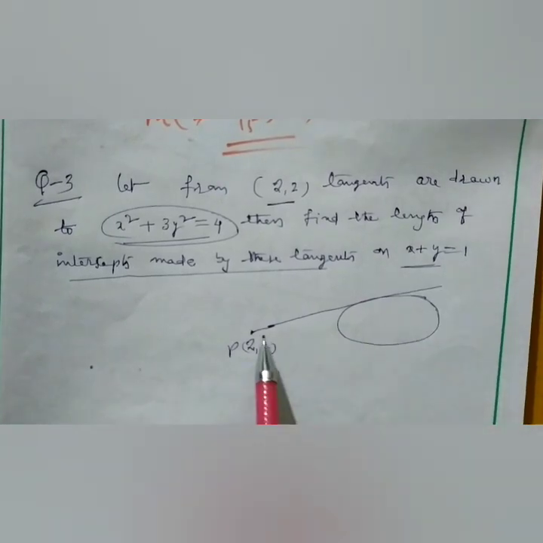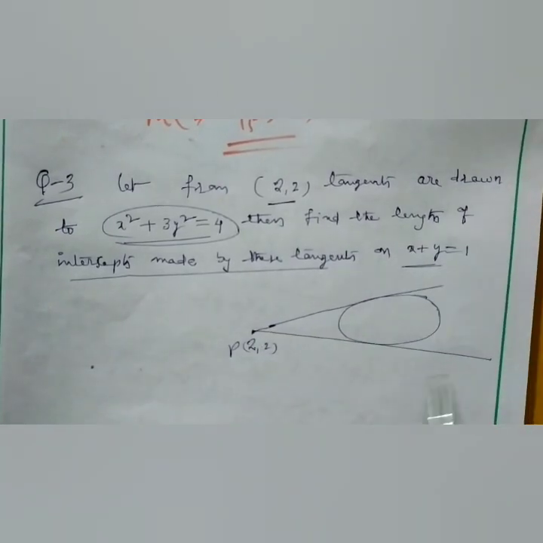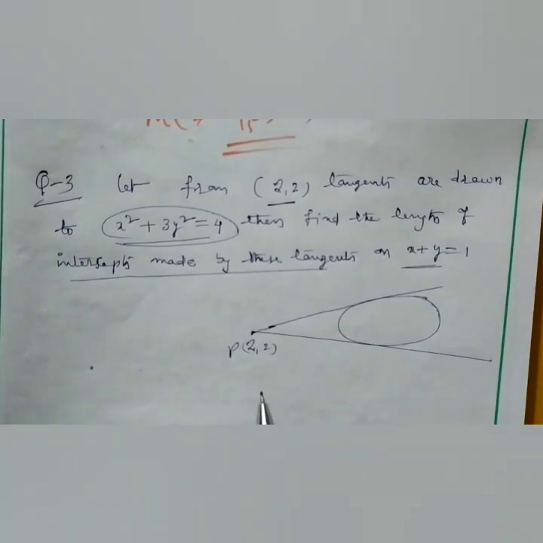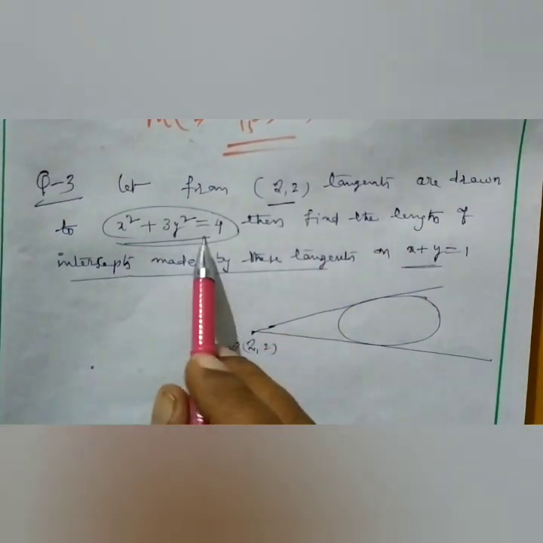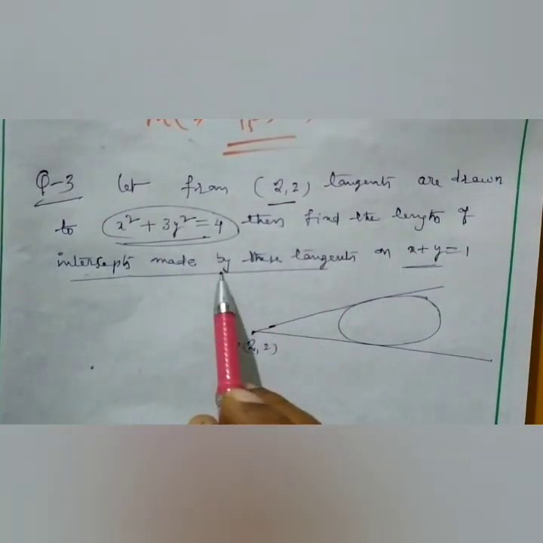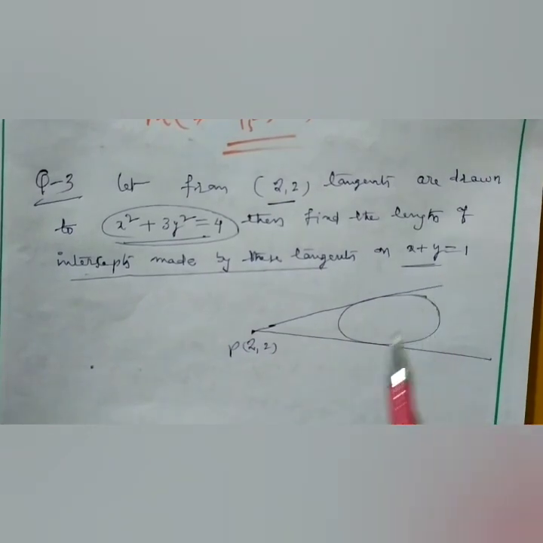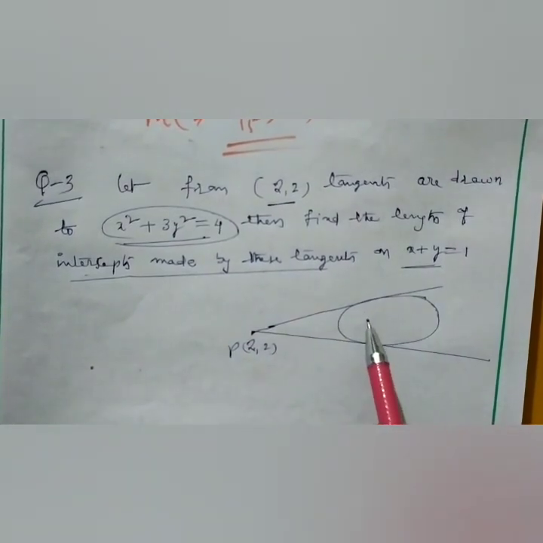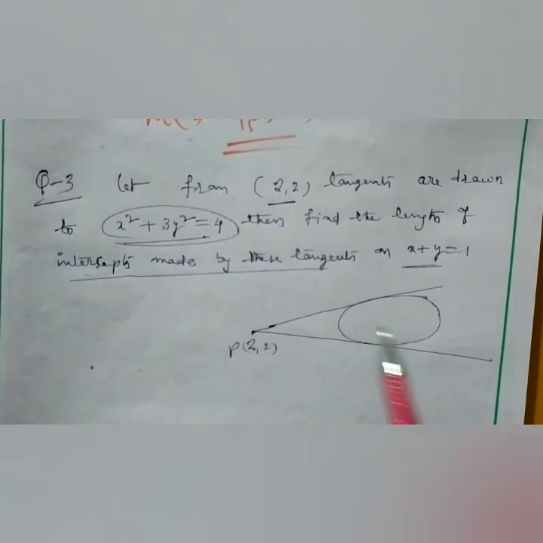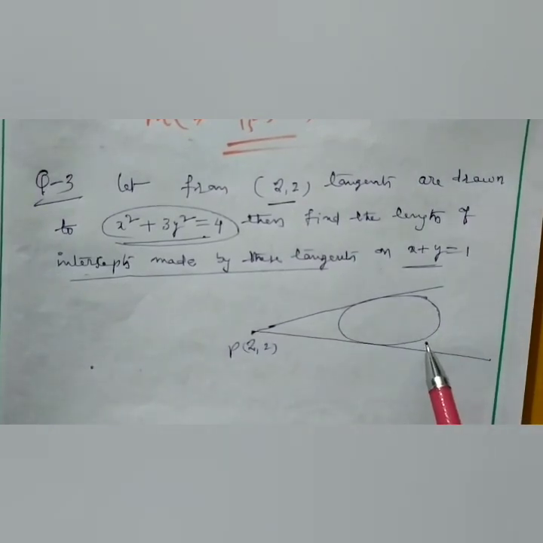Let us say a pair of tangents. From (2, 2) tangents are drawn to the conic, then find the length of the intercepts made by these tangents on the line x plus y is equal to 1. So there is a line x plus y is equal to 1. This pair of lines makes an intercept on this line.